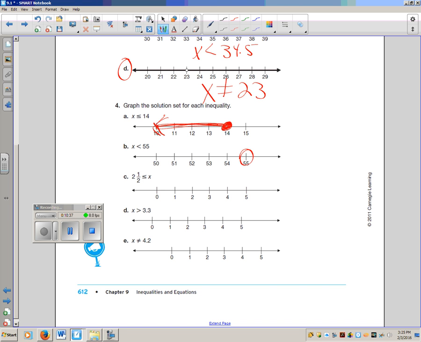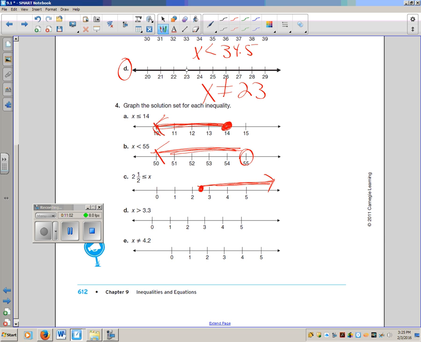Open circle on 55 because it's not equal to, and we're going left. C, look the way they wrote it. 2.5 is less than or equal to x. Read it right to left. X is greater than or equal to 2.5. Going to the right. Close circle.